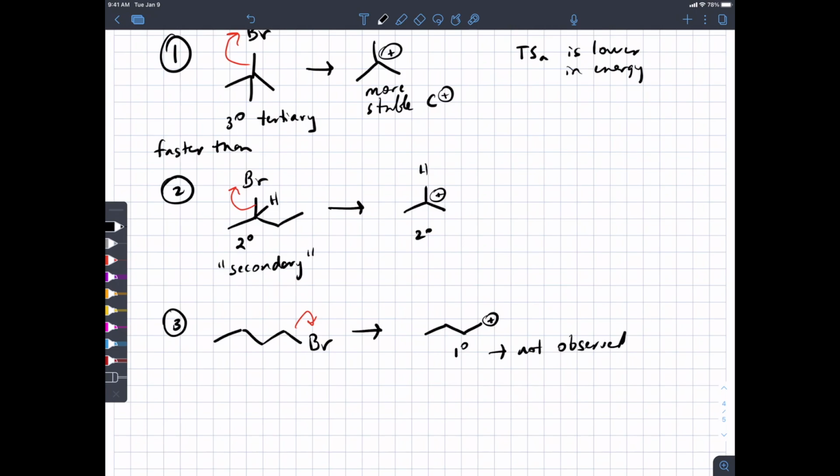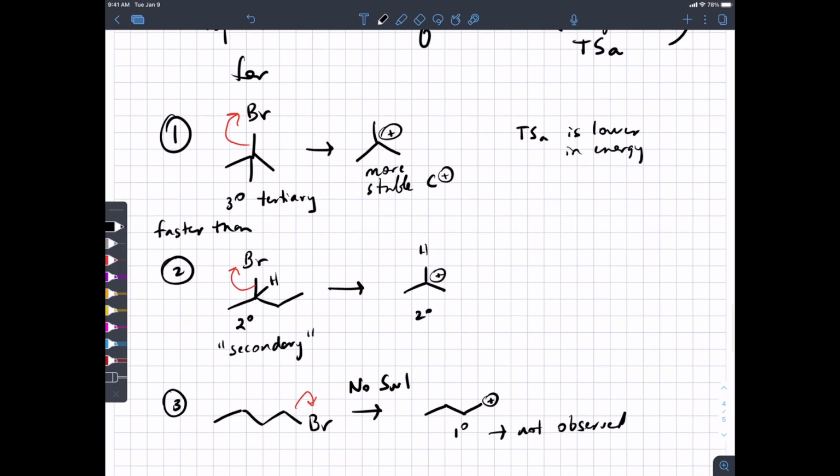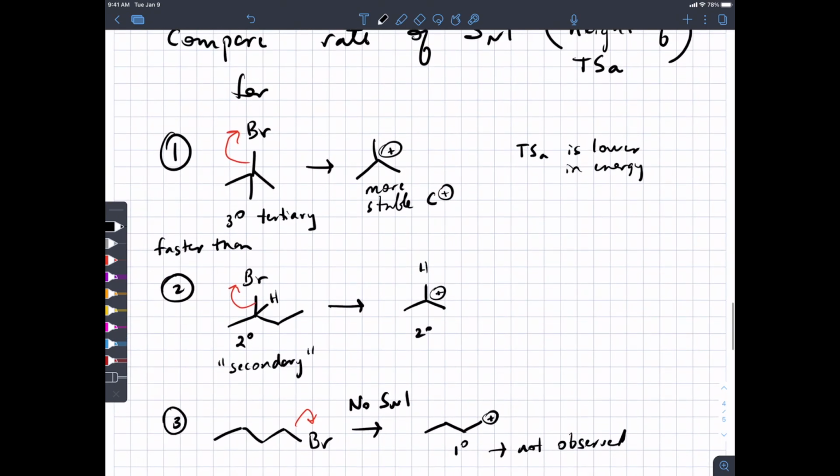So actually, there's going to be no Sn1 type reaction for primary alkyl halides because their corresponding carbocationic intermediates are too high in energy and the reaction is just too slow. So because all of these reactions are slow, we will say that tertiary alkyl halides react slow in the Sn1 reaction, but secondary alkyl halides react even slower.